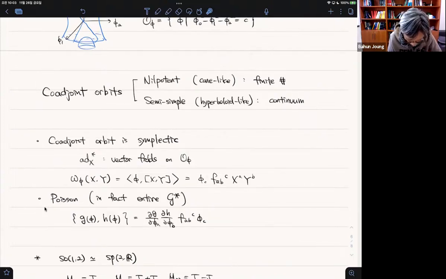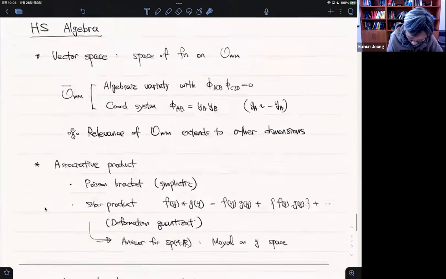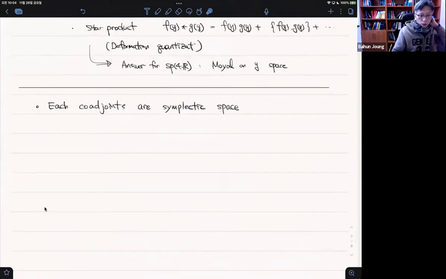So any vector field can be understood as a Lie algebra element, x and y, and putting two Lie algebra elements in, you can define an antisymmetric form, which is nothing but the symplectic 2-form. So we can always define a symplectic 2-form on any Coadjoint orbit.